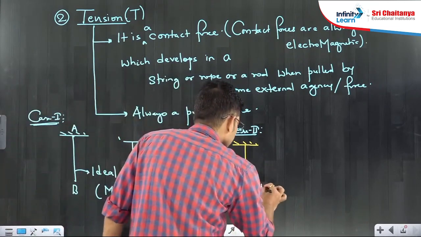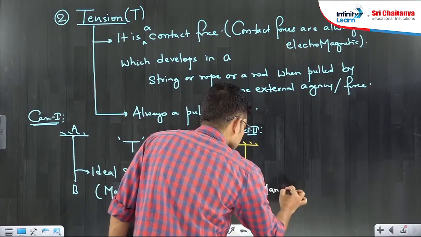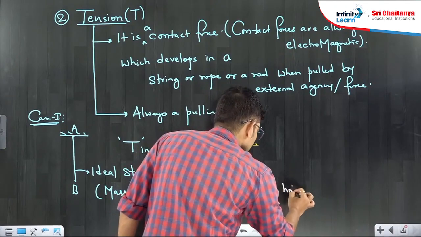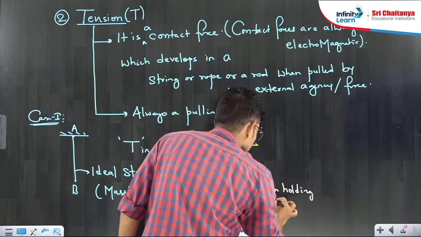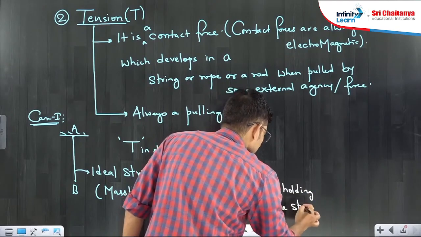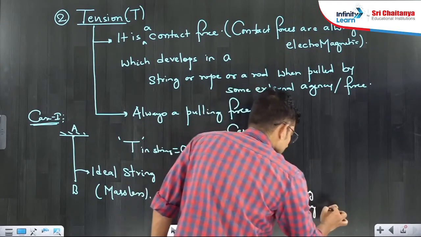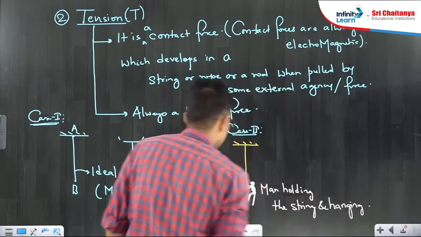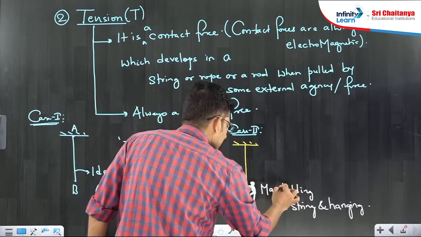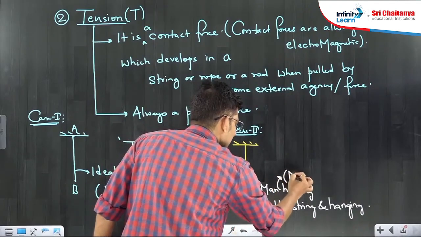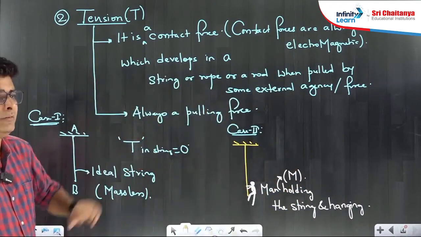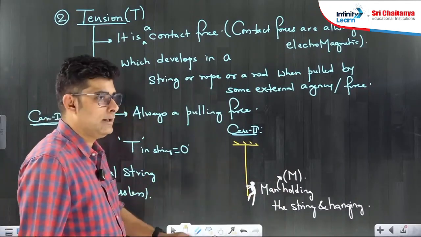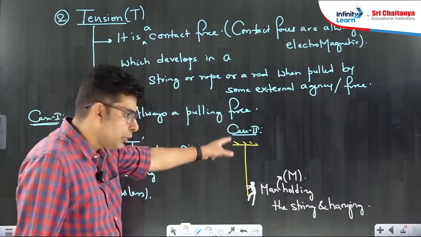This man is just hanging. This man, his mass is m. Now the same string he is just holding, means he is in equilibrium, static. Now if I say, what will he do? He will pull the rope down.